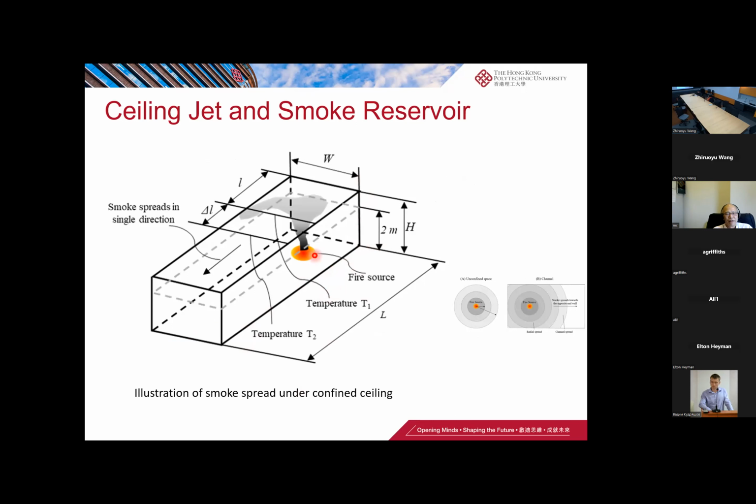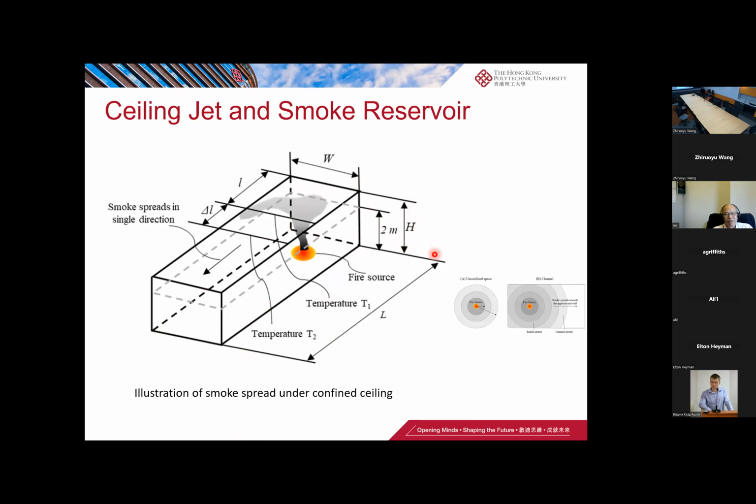If a fire starts at one end of this reservoir, smoke will spread from one end to the other end. We have a height H, with a smoke clean height of 2 meters. Actually, for the case here it is 6 meters smoke clean height.